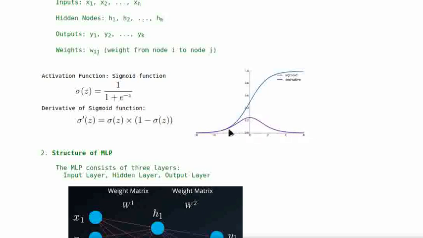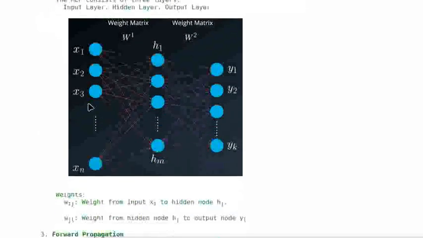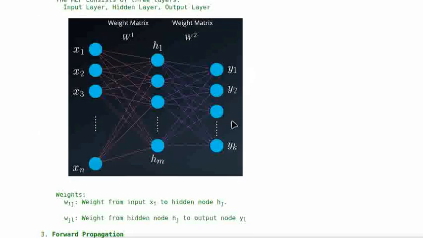Our simple MLP structure consists of 3 layers only: the input layer, a hidden layer, and the output layer. In more complicated cases, you can have more than one hidden layer, but here we just consider something simple. As shown here, a weight connects 2 neurons. Wij denotes the weight from the input node xi to the hidden node hj, like this one.